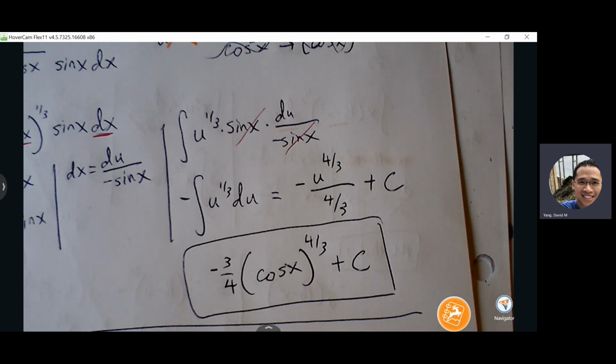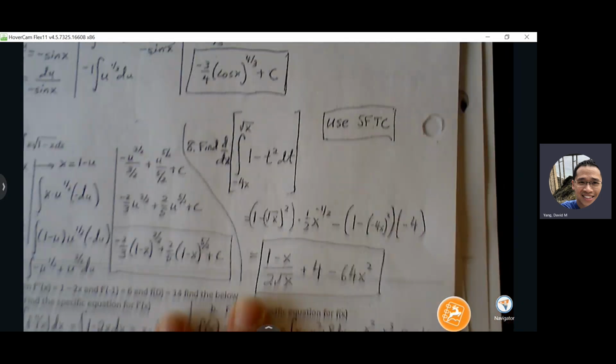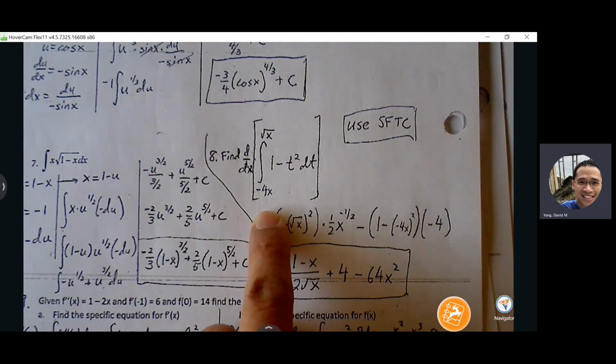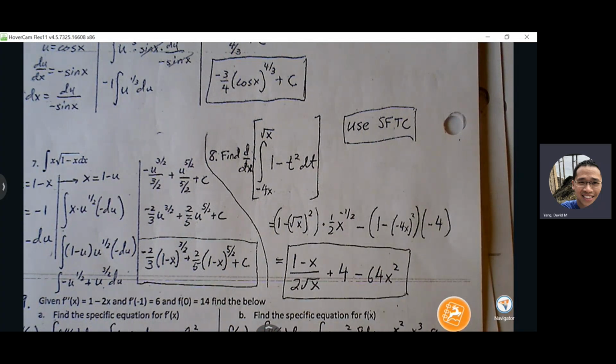Oh, I didn't go over the second theorem. The second fundamental theorem. I'm sharing these two operations with each other. You can do two things: plug the upper bound into the function and then multiply by the derivative of the upper bound. Minus, this is a variable.